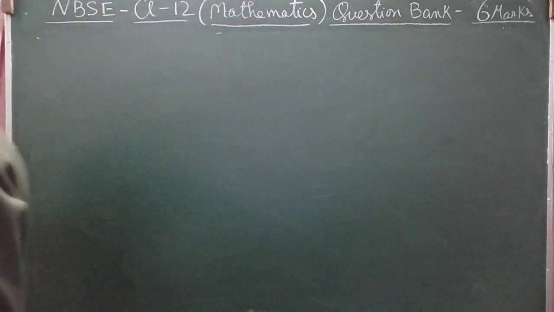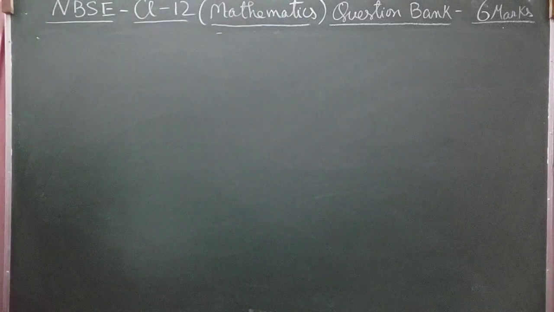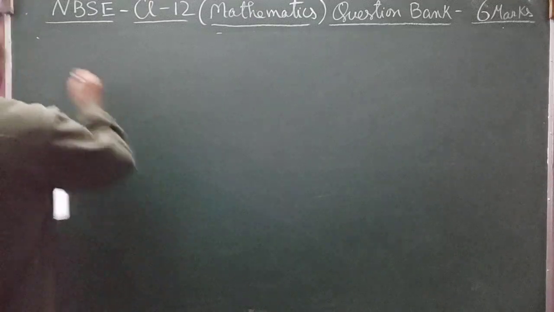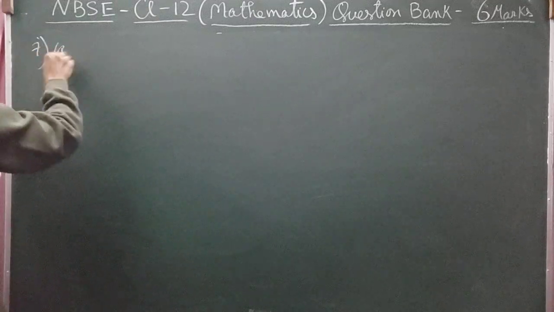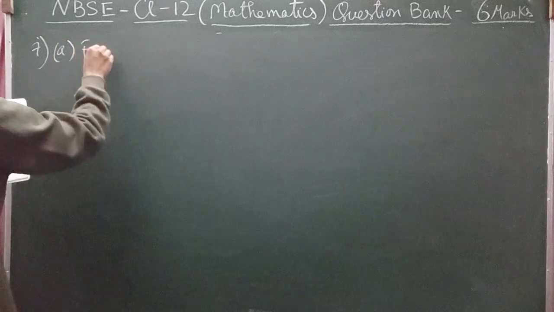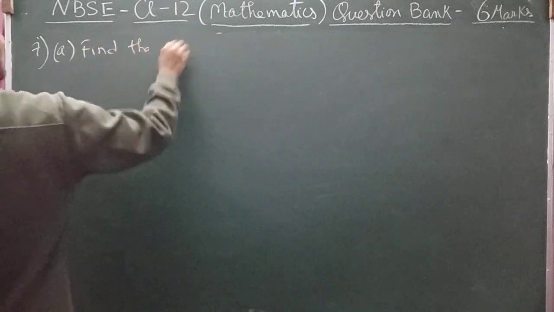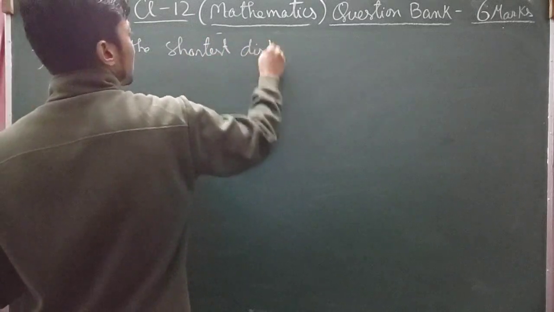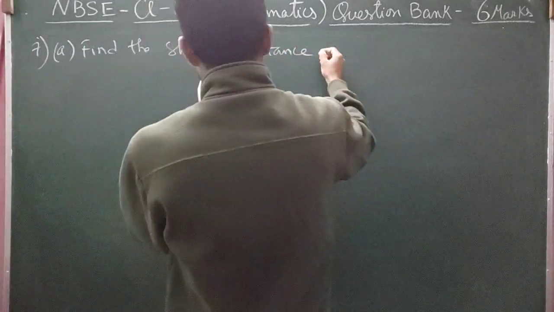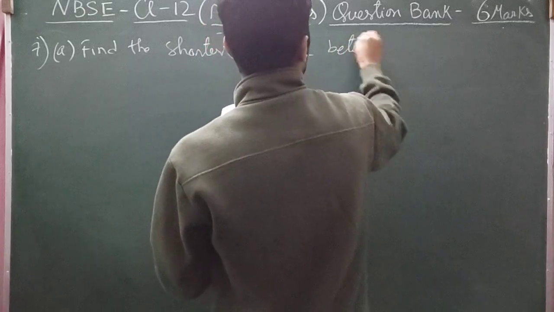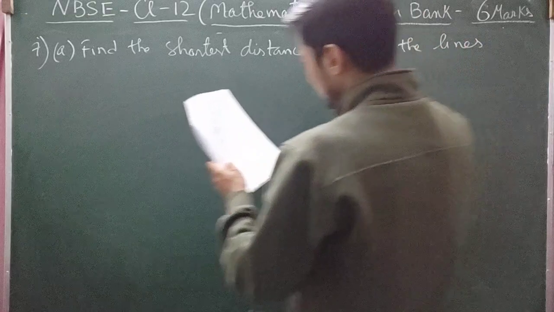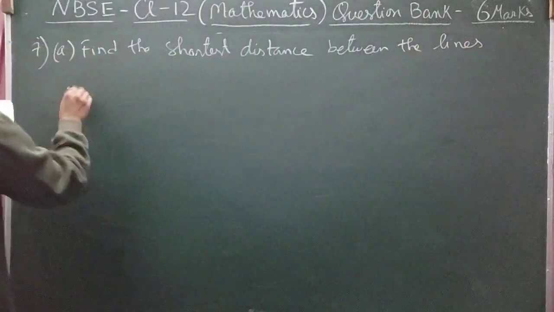Alright, let's move on to the next question. This is going to be from three-dimensional geometry. Question number 7a: find the shortest distance between the lines.